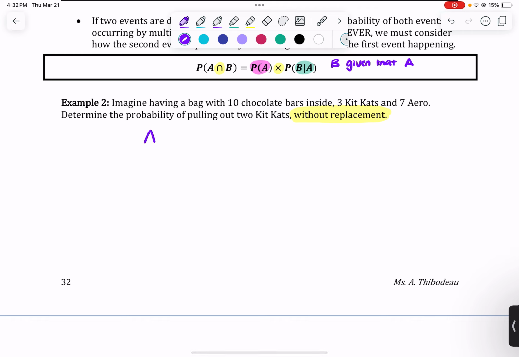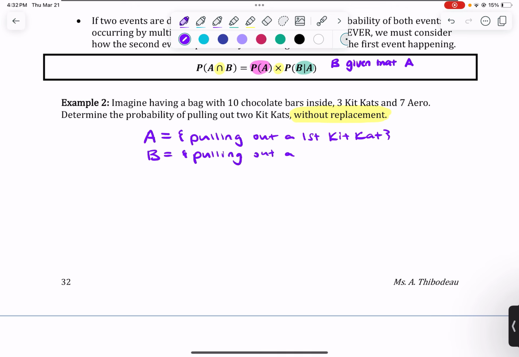So my first event that I'm interested in, because I want to pull out 2 Kit Kats, is pulling out a first Kit Kat. And my second event would be pulling out a second Kit Kat. I can see that the probability of both occurring is going to be the probability of the first one occurring.